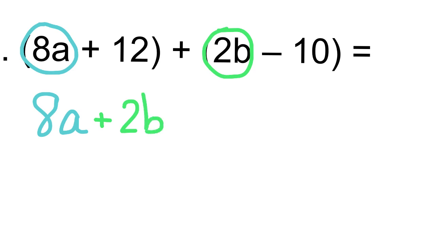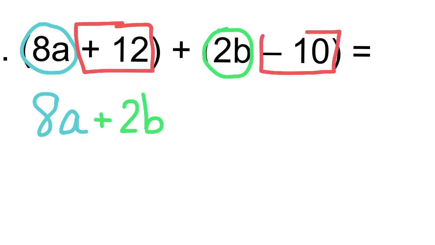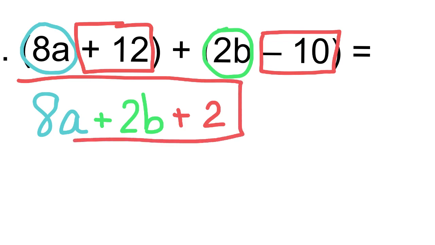And finally, we have the numbers, positive 12 and negative 10. The signs are different, so we subtract. 12 minus 10 is 2, and keep the sign of the bigger number. A and B are not like terms, and so we cannot combine them. So this would be the final answer. The lesson is yours.